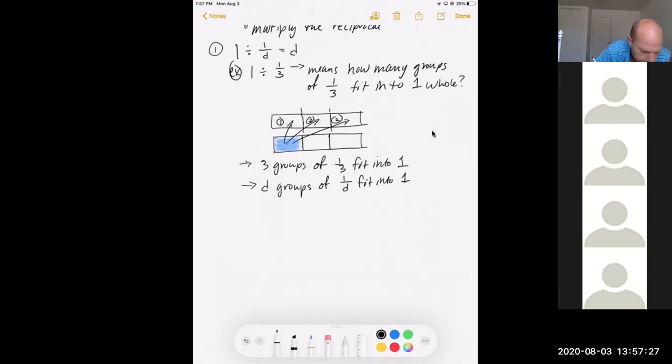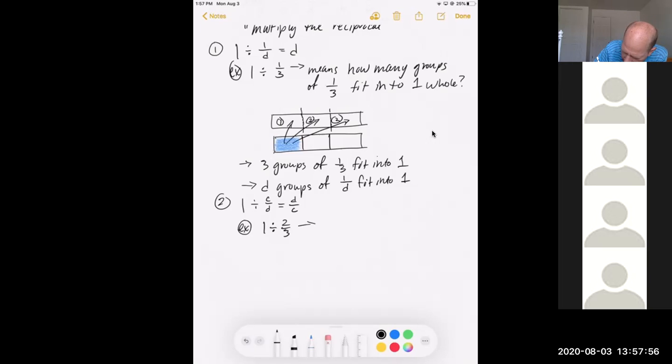Part number 2. Then they went to 1 divided by C/D. When we put a non-unit fraction, that's going to be D/C. It'll be the reciprocal of C/D. So for example, 1 divided by 2/3. This was the same as my first example, but in this one, it's going to be a non-unit fraction, and I have 2/3 there.